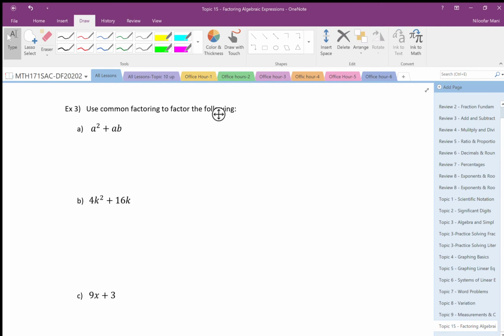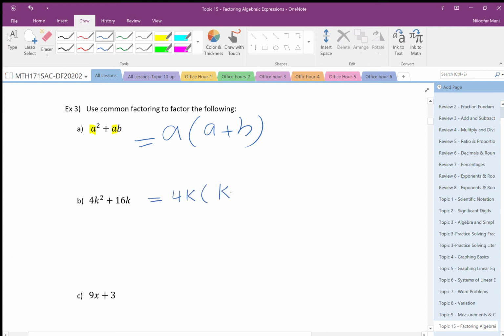Okay, so now let's do it here. I see A, I see A, I see A, so I can factor that: A multiplied by A plus B. Done. Next, I see 4, I see k, so I factor 4k, and k plus 4 is going to stay.